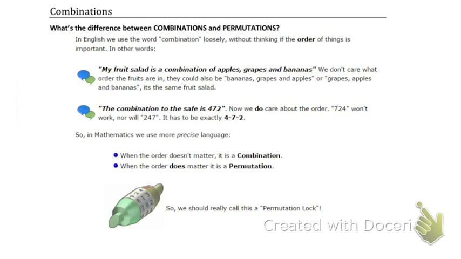That's going to lead us to 2 specific words you need to know for this little section. And that is, when the order doesn't matter, you use combination. When order does matter, you use permutation. So the fruit salad example would be an example of a combination.